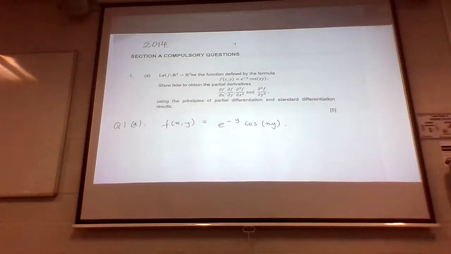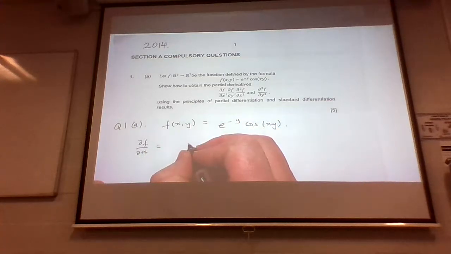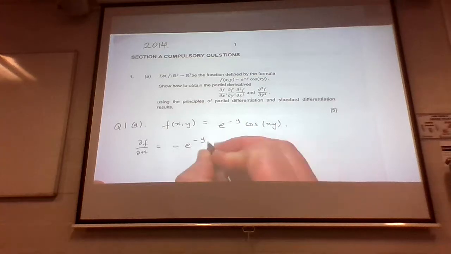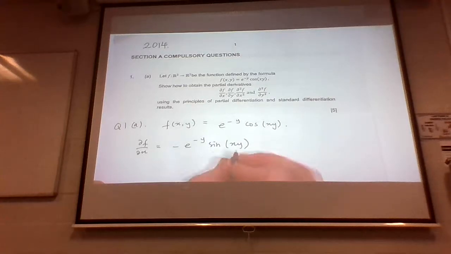So the df dx would be equal to minus e to the minus y times the sine of x times y. Because when you differentiate, we're treating the exponential bit as a constant. We're differentiating the cosine function, which gives us minus sine.